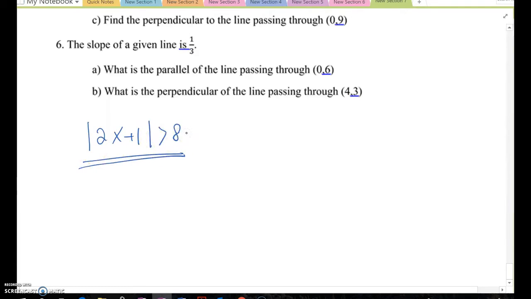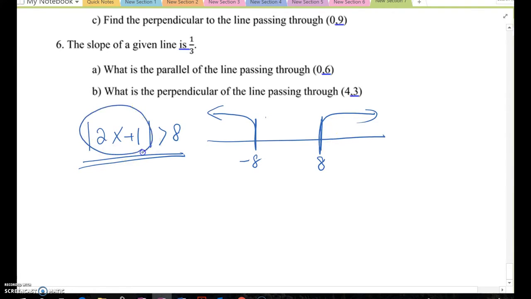So absolute value of 2x plus 1 is bigger than 8. Based on our absolute term, you can make negative and positive and expand, right? Which means on the number line, based on negative 8 and 8, the interval inside must be below negative 8, such as negative 9, negative 10, like that, or bigger than 8.